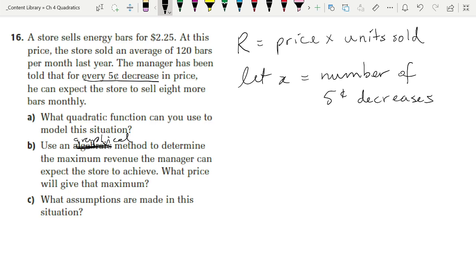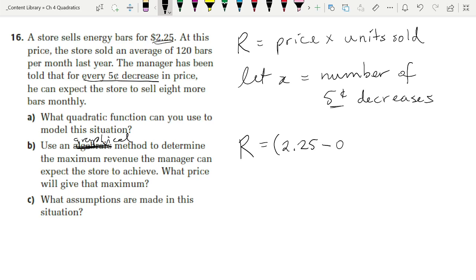Okay, so right now, my R function is price times units sold. Price is $2.25, but we want to decrease by 5 cents, and we don't know how many 5-cent increments to decrease by. So price is $2.25 minus, now careful, I can't say 5x here because this is in cents and this is in dollars.